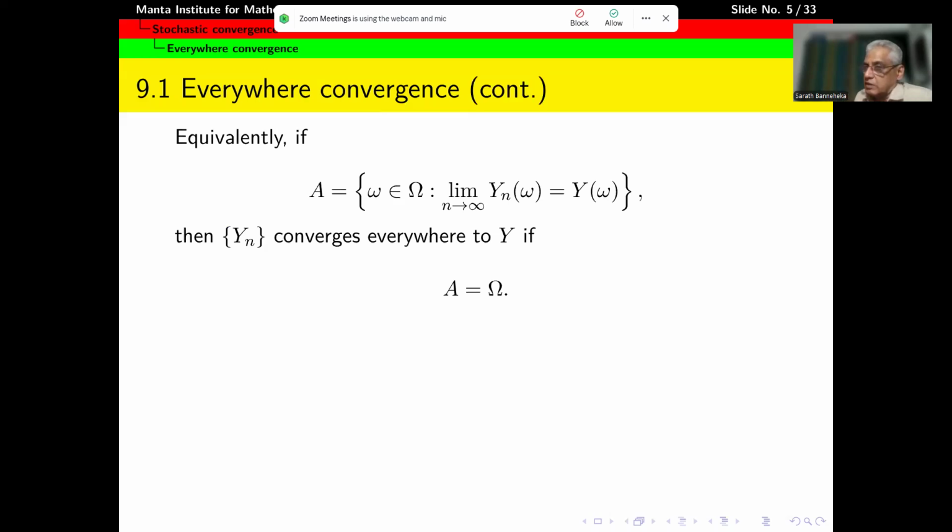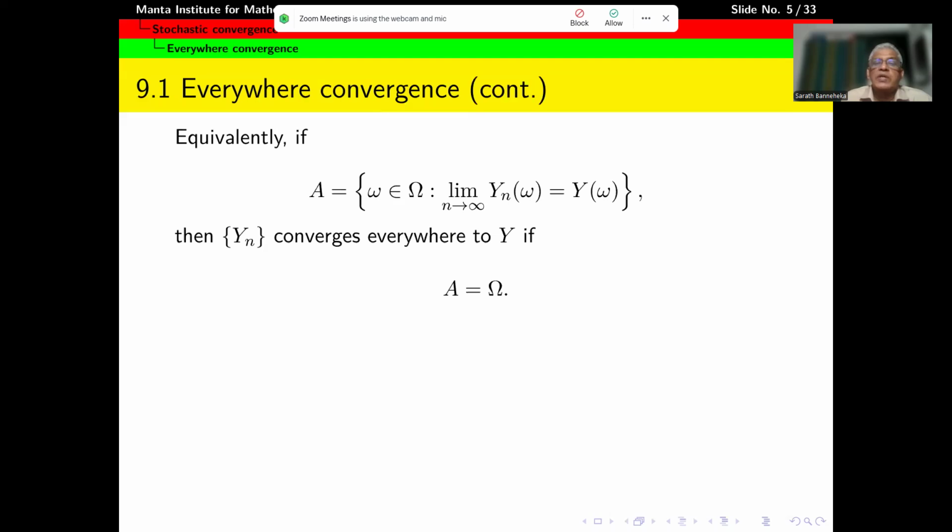We can say the same thing mathematically like this. Suppose, for example, you consider an omega value, small omega, that is an outcome in the sample space, and you calculate Yn(omega).